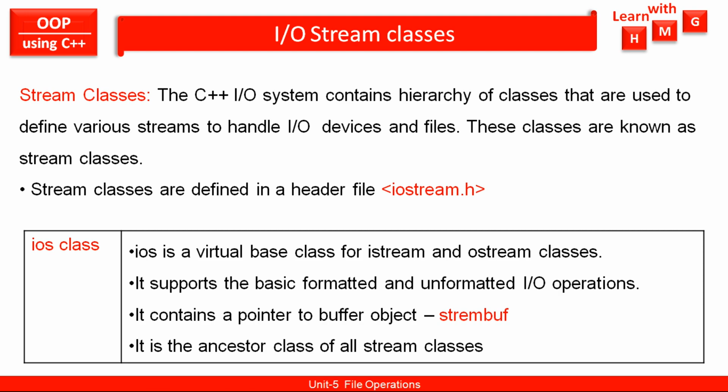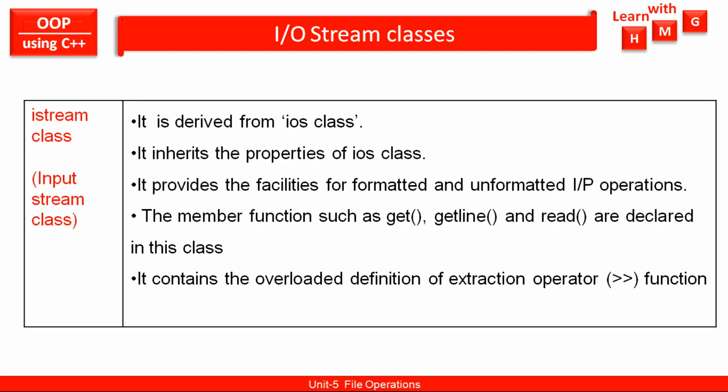It contains a pointer to a buffer object named streambuf, which is used for input output data storage. It is an ancestor class of all stream classes. As we have seen in the diagram, it is available at the top of the hierarchy, and like this it is the ancestor class of the entire input output stream classes hierarchy.